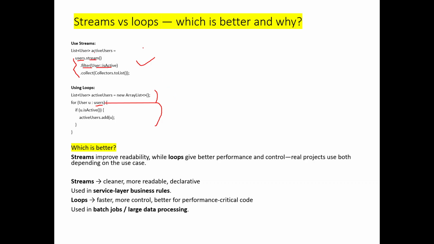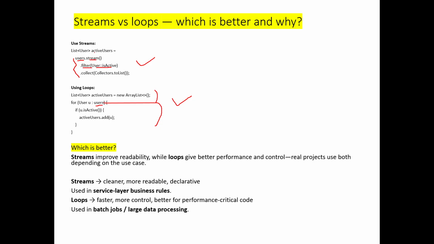Remember, stream is more costly. Stream will take more time. So whenever we want more performance, we use loops, because stream is more of a burden. It will be streaming, then filter, multiple operations are happening. Whenever the records or the items or the data will be more, at that time stream will be a little bit slower than loops.